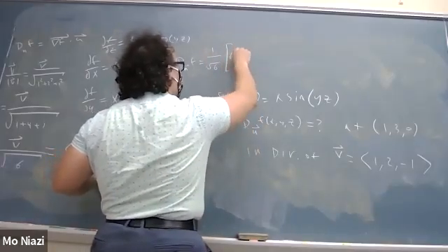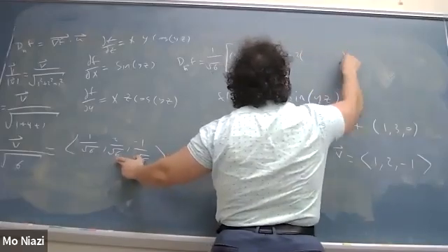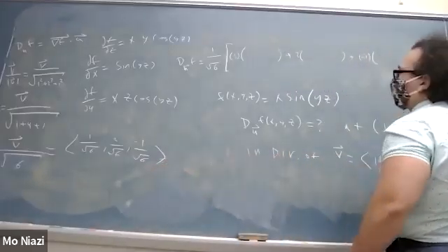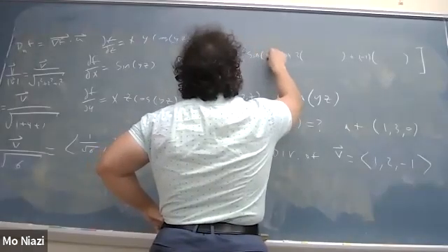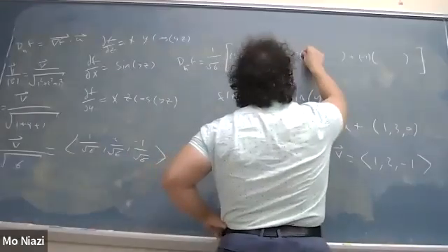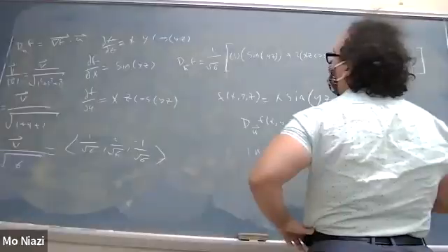So this term will have a 1 times something, this term will have a 2 times something, this term will have a -1 times something. This will be our sine of yz, this will be our xz cosine of yz, and this is going to be our xy cosine of yz.